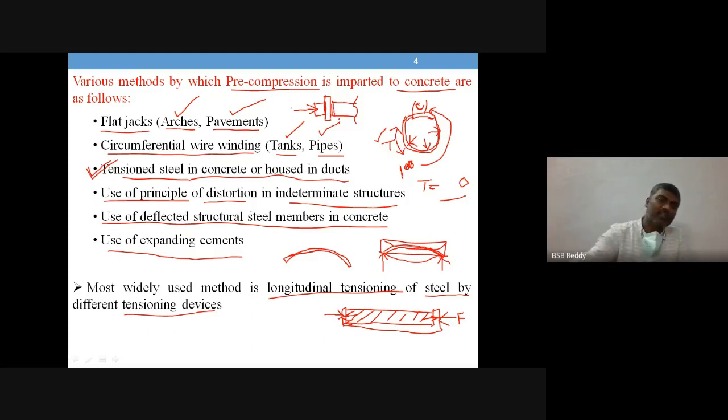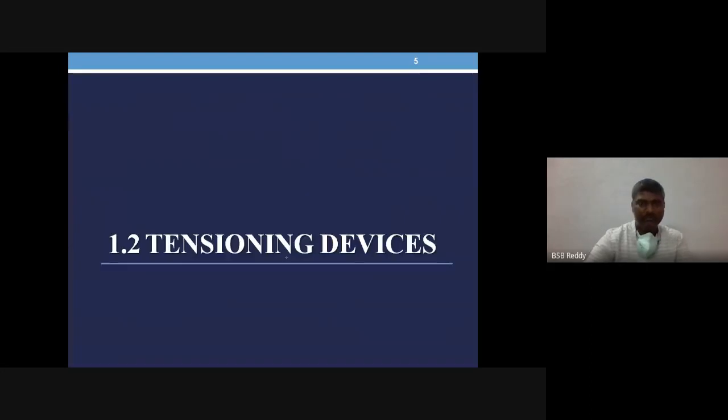Out of these, the one which is famous and has propagated much is tension steel in concrete, either pre-tensioning or post-tensioning technique.